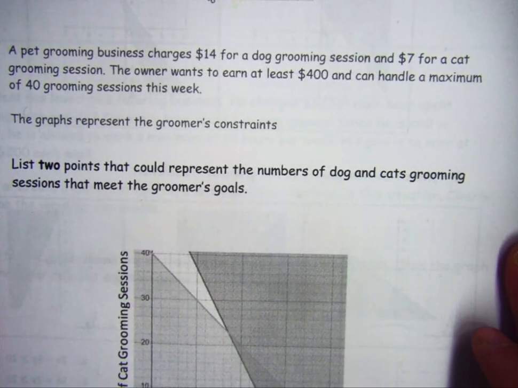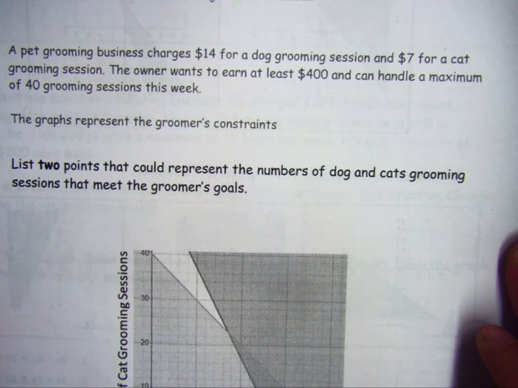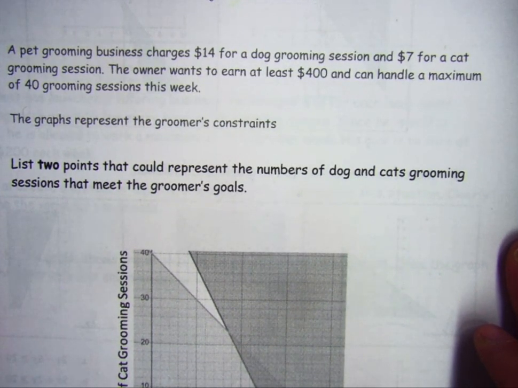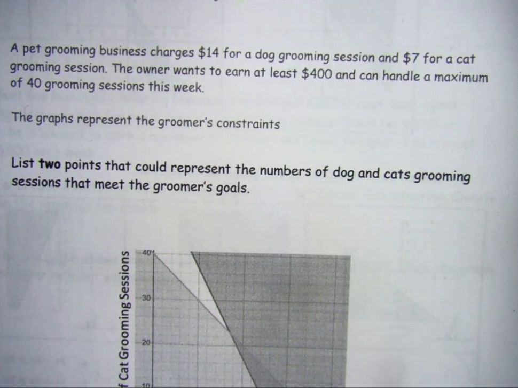A pet grooming business charges $14 for a dog grooming session and $7 for a cat grooming session. The owner wants to earn at least $400 and can handle a maximum of 40 grooming sessions this week. The graph represents the groomer's constraints. List 2 points that could represent the number of dog and cat grooming sessions that meet the groomer's goals.